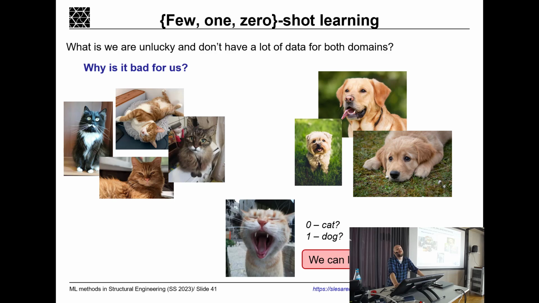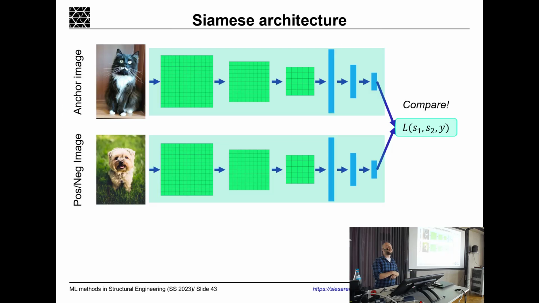We can look at the differences between the class of the dogs and the class of the cats. Technically speaking, that's how we recognize different classes. We look at whether it looks more similar to the dog rather than to the cat, and we never used that in training until now. Now I will show you a very neat architecture that is called Siamese architecture, Siamese neural networks.